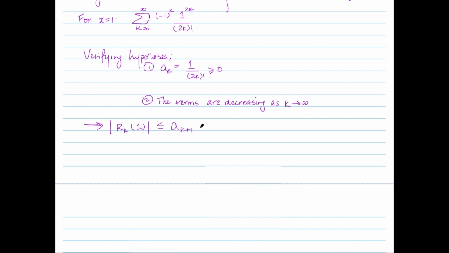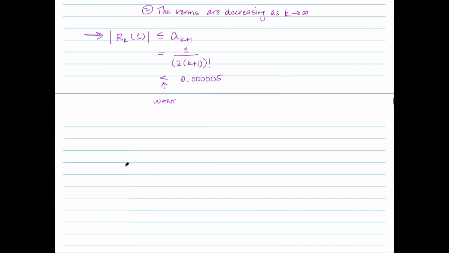It's going to be the first deleted term or removed term, which we have an expression for now. And we want this to be less than this value. So then from here, we test values of k to determine the minimal value that satisfies the inequality.